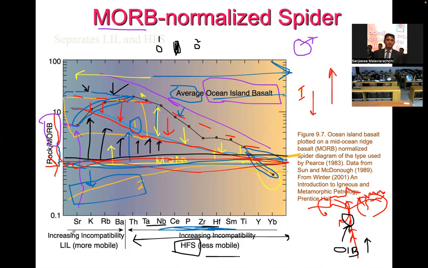And the other ones here, you see the large ion lithophile elements. You remember alkaline elements? We call them alkaline elements. They are also called large ion lithophile elements, sometimes LILE, L-I-L-E, okay? And they are highly incompatible and they are more mobile, therefore, right? Mobile means they can easily incorporate into melts.